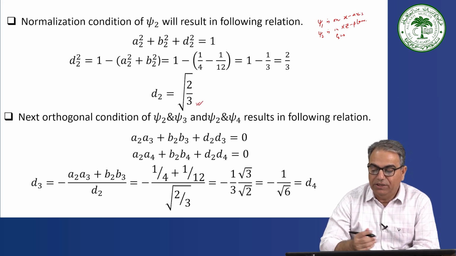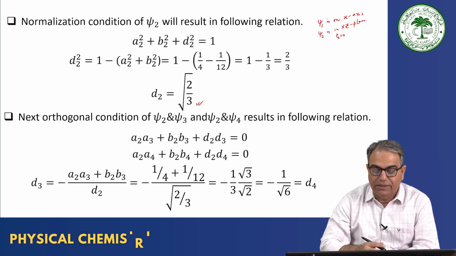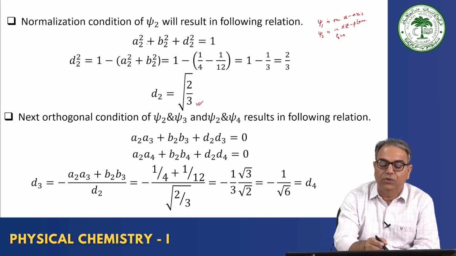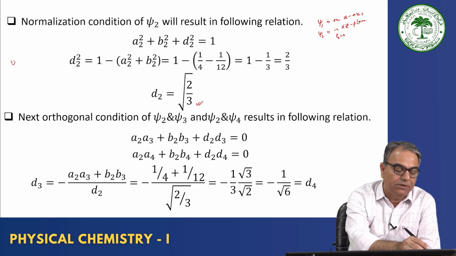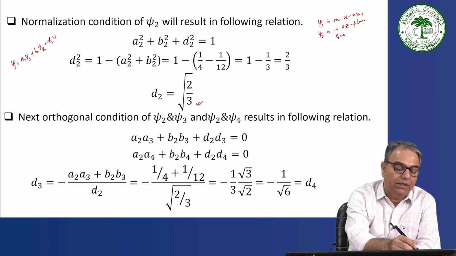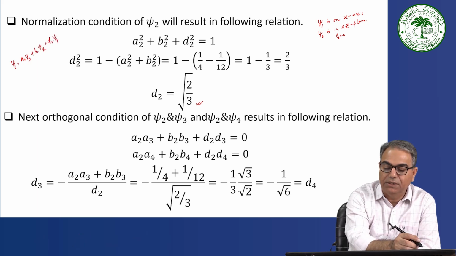Okay. So many coefficients we found, and now next is the orthogonality condition of psi 2 psi 3 and psi 2 psi 4. Now, you see in psi 2 you have a2, b2 and d2 only. So your psi 2 becomes equal to a2 psi s plus b2 psi px plus d2 psi pz.